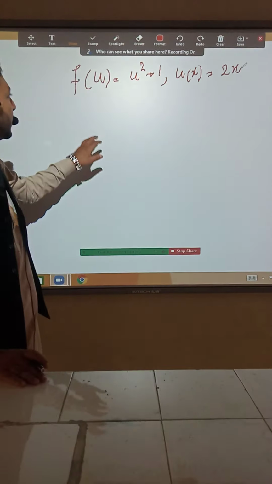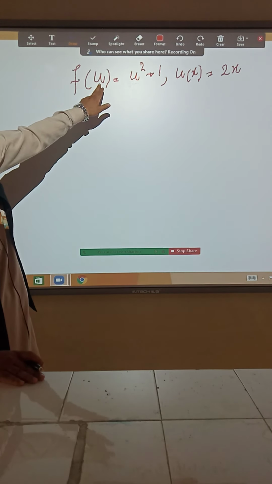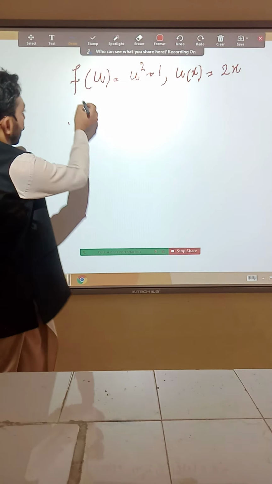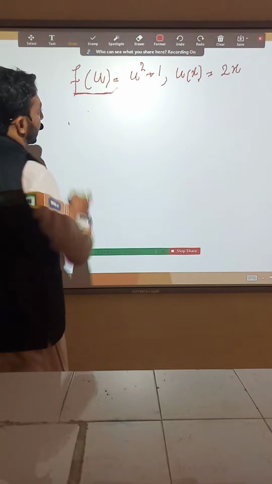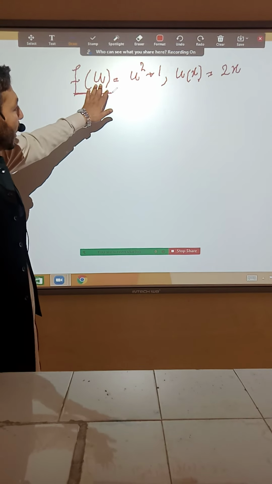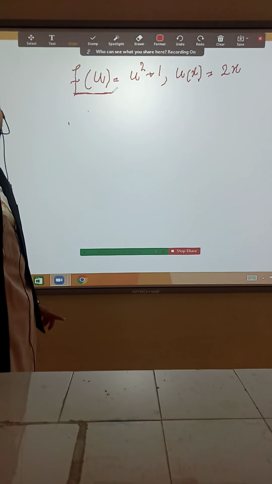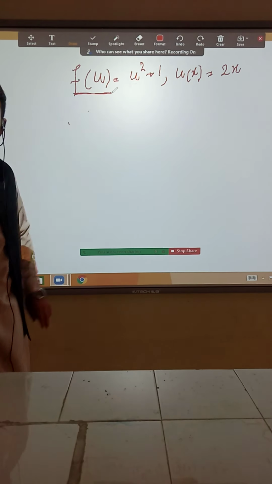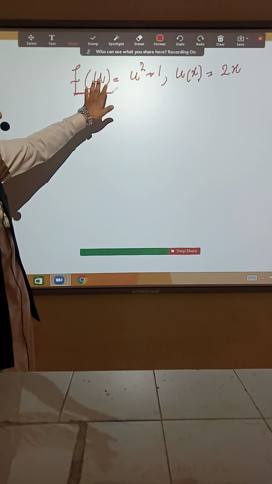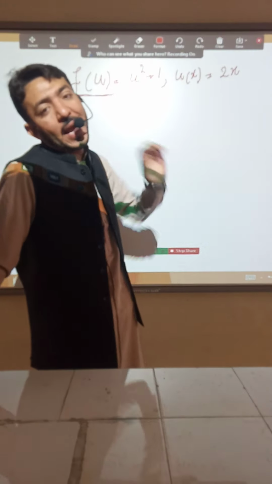So you see that f is actually dependent on u, and u is actually a function of x. So this f of u is a composite function, and if you want to differentiate this function with respect to x, although this function is not dependent on x directly, you can differentiate it with respect to u, and u with respect to x, because u is dependent on x.